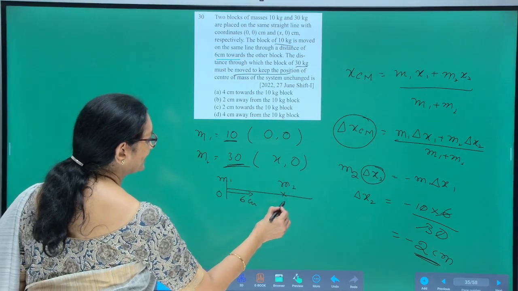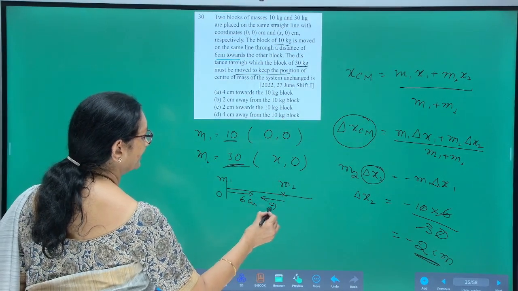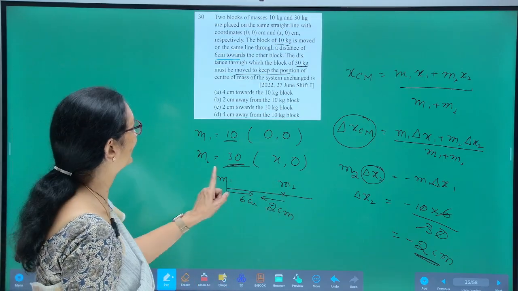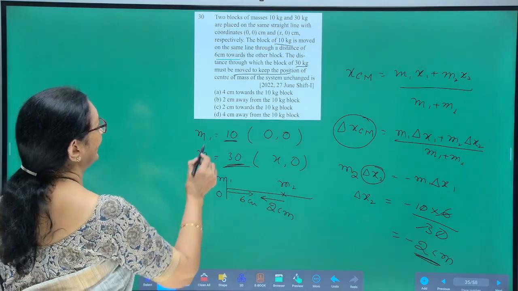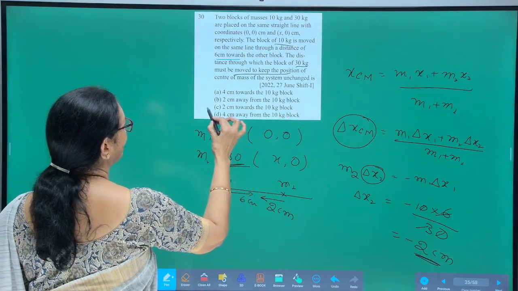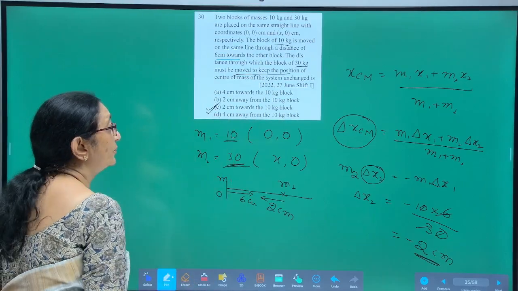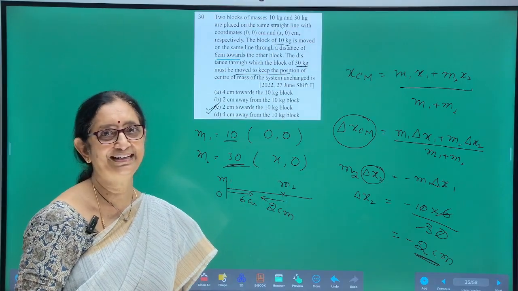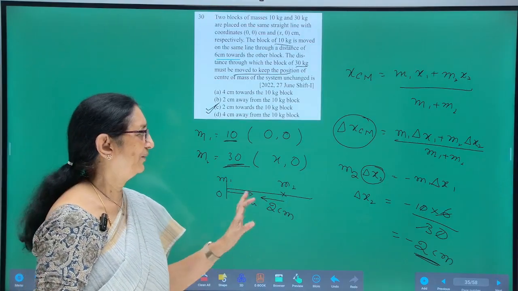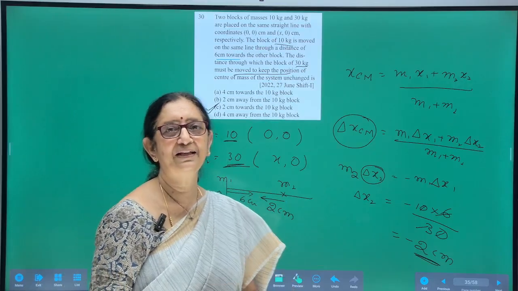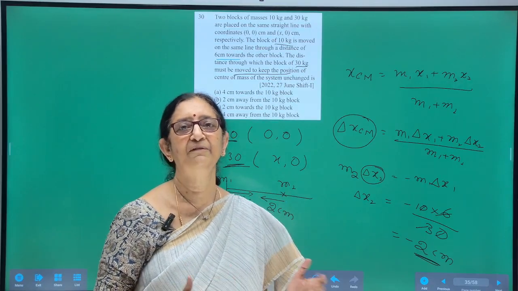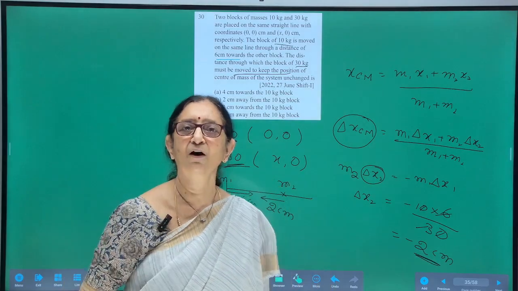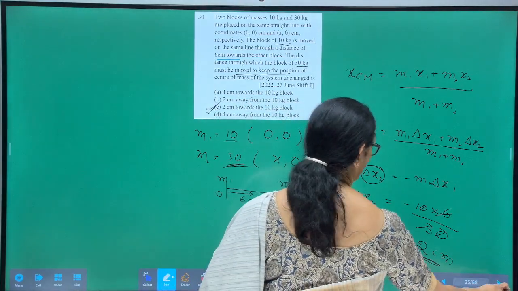So here this is moved 2 centimeters in this direction, that is towards m1, towards the 10 kg block. Okay, so that is so simple. If there is no shift in the center of mass, m1 delta x1 is equal to m2 delta x2, they will be in opposite directions. That's it.